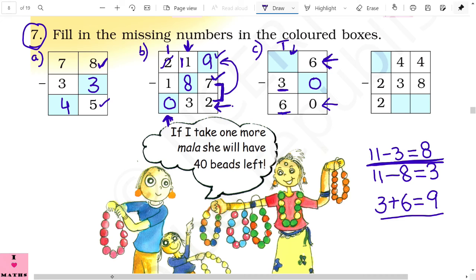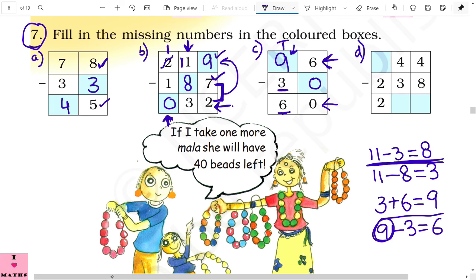This is the addition fact, beta. So 9 minus 3 is equal to 6. So 9 is the number which should be written over here so that we get 6 as the answer. Okay, now let us come to question number D.